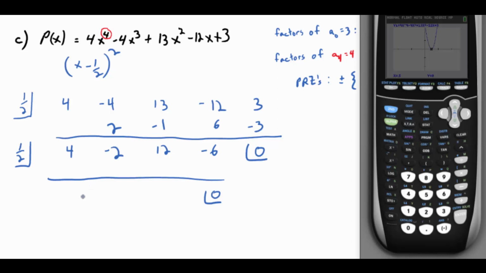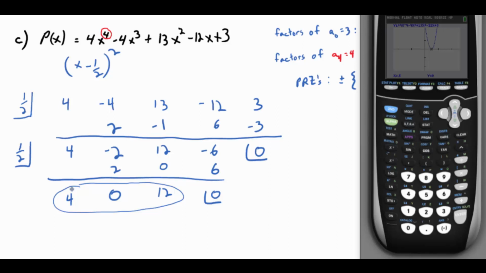So bring down the 4, times 1/2. What do you get? Add them up. Negative 2 plus 2? 0. Times 1/2 plus 12. Times 1/2 plus negative 6. 0. Okay, so this 4, 0, 12, these coefficients are the coefficients of a quadratic quotient.